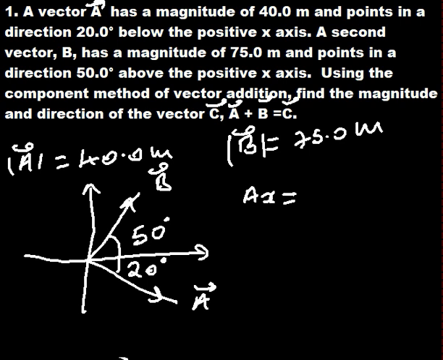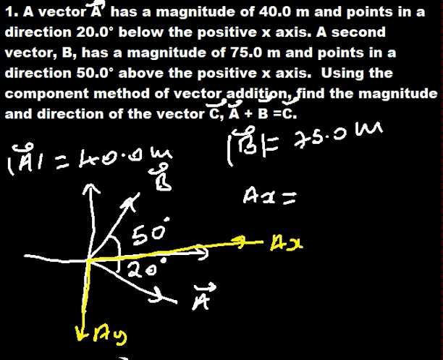Now we should resolve vector A into components, and this will be its x component, ax, and this will be its y component, ay, as you can see.